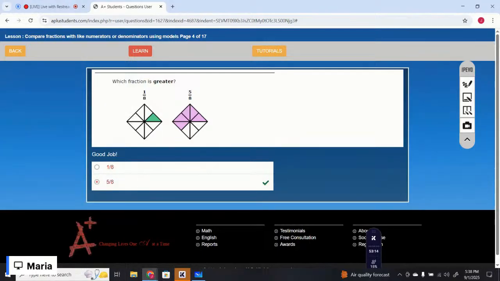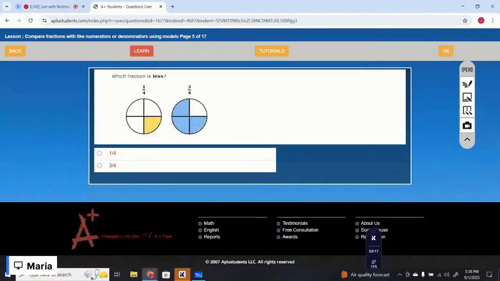Option number 2 is the correct option. Which fraction is less? 1 by 4, 2 by 4.